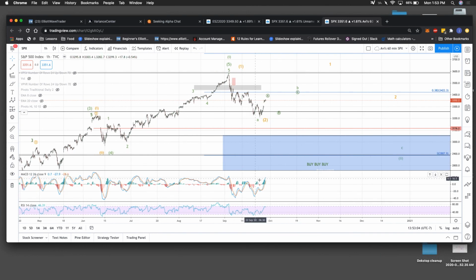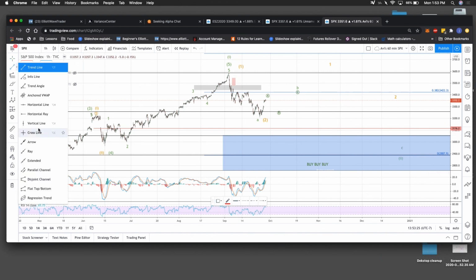I don't see anything in this MACD which would preclude either the green count or give us indication of the orange count. I'm not an expert by any stretch of the imagination in using MACD, but what we did see here, where we have this low and this low, I'll show the divergence here.